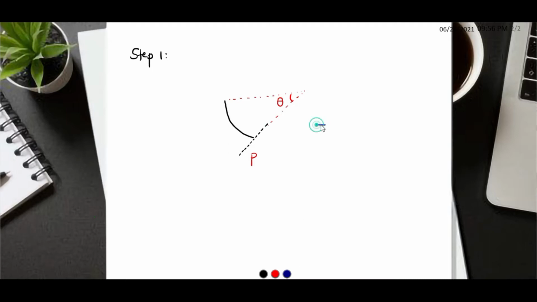So total weight is W, which will be small w times its length. The length of this arc will be r theta. So total weight is W = w r theta.